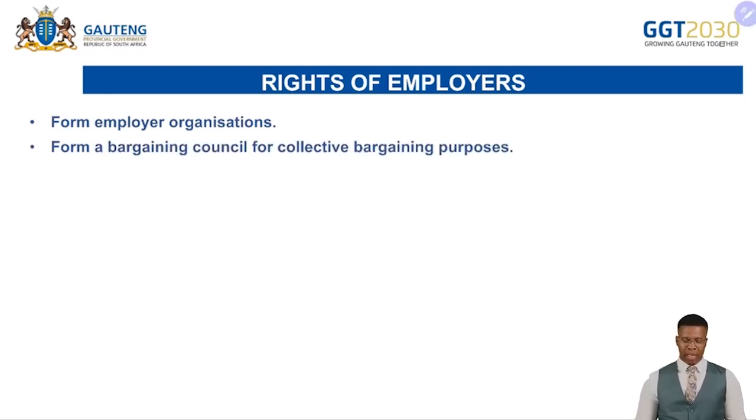And then they have a right to form a bargaining council for collective bargaining purposes. A bargaining council is made up of the individuals who will be there, which is your trade unions and your employers association, together with the employer and the employee, so that they can achieve collective bargaining whereby they discuss matters that are affecting employees and matters that are affecting employers as well.